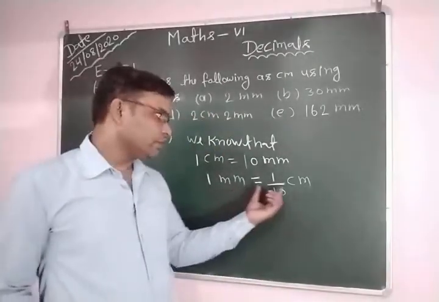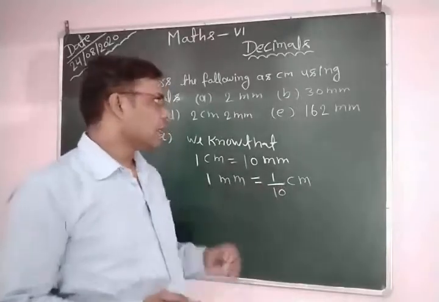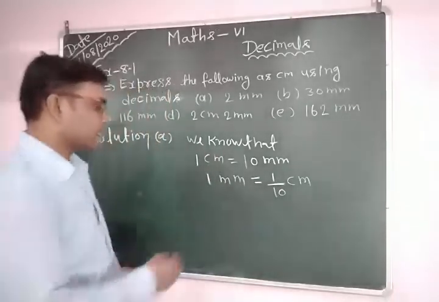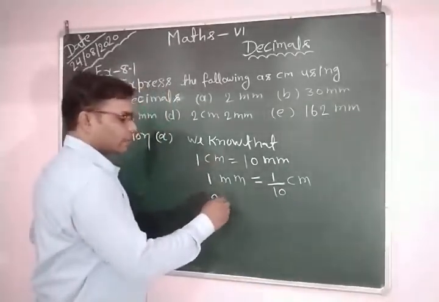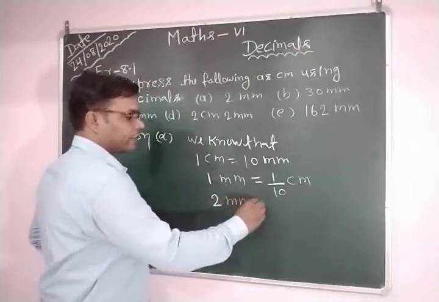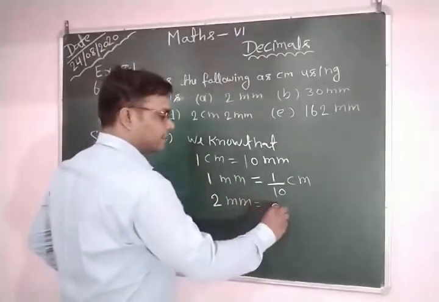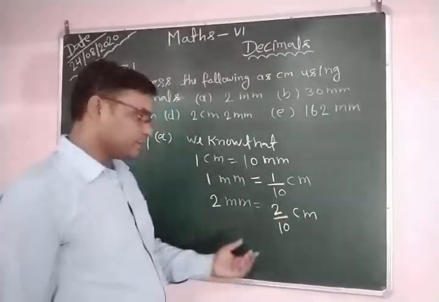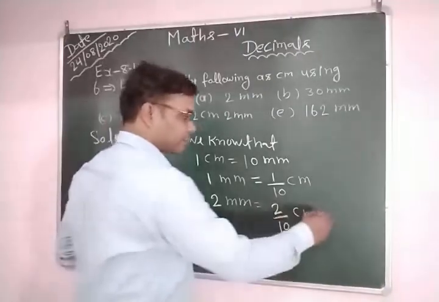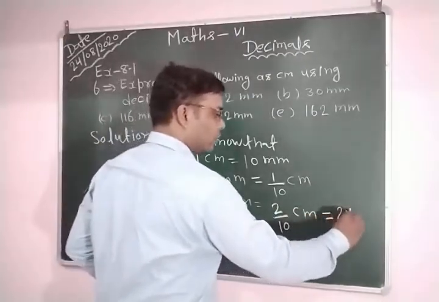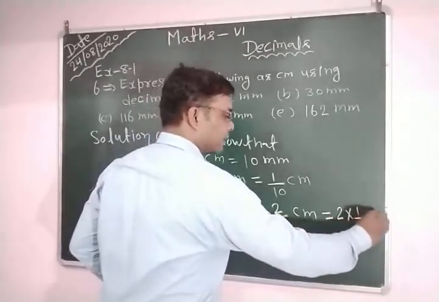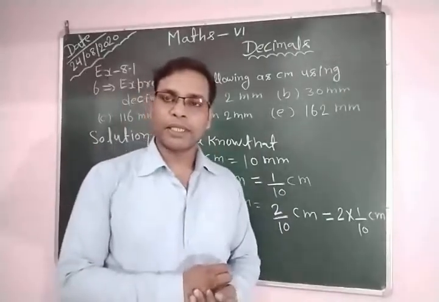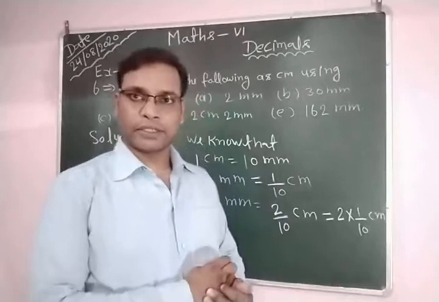1 millimeter is equal to 1 upon 10 centimeters, and we have 2 millimeters. So we can write 2 millimeters is equal to 2 by 10 centimeters, which is 2 into 1 by 10 centimeters. 1 by 10 represents the tenth place.